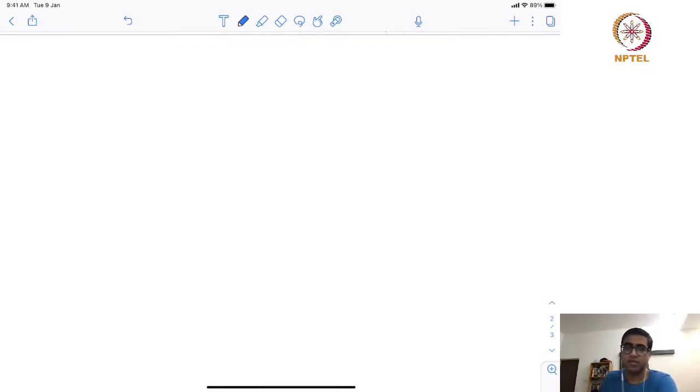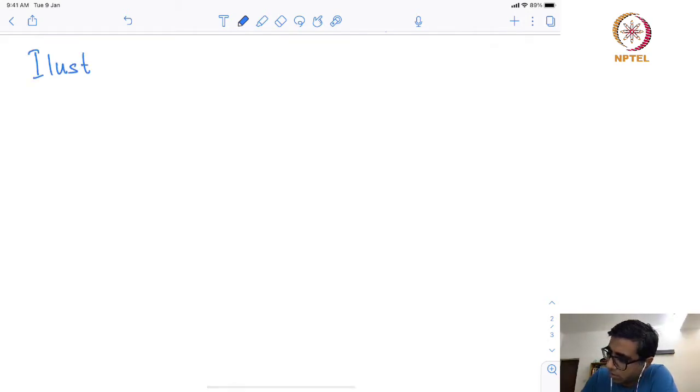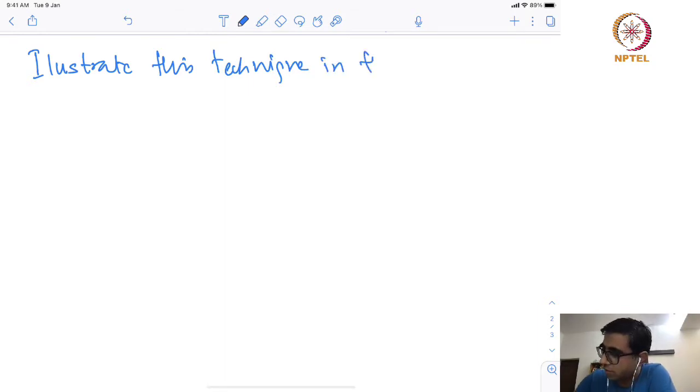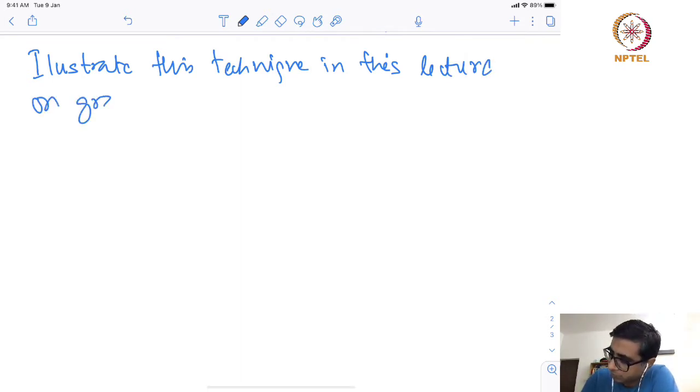I am going to illustrate some basic tools of this technique in this lecture on graph problems.